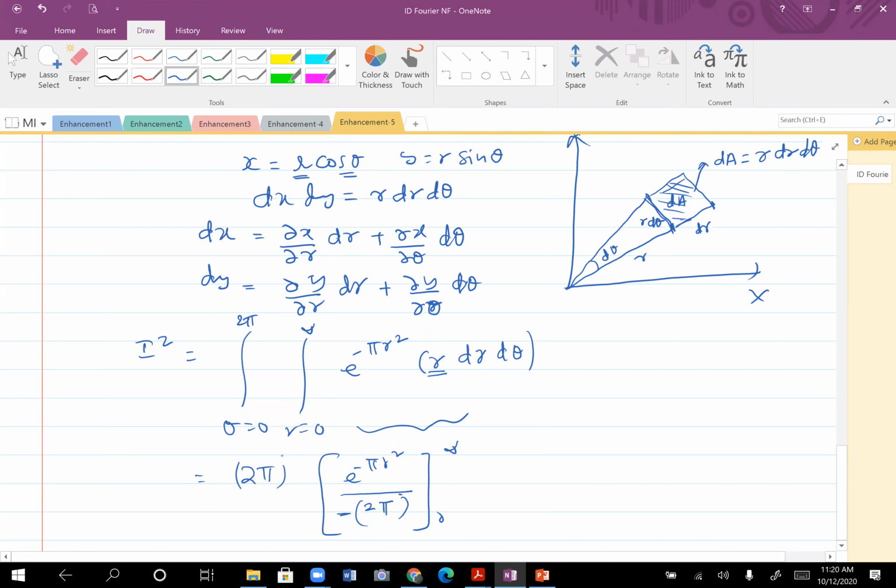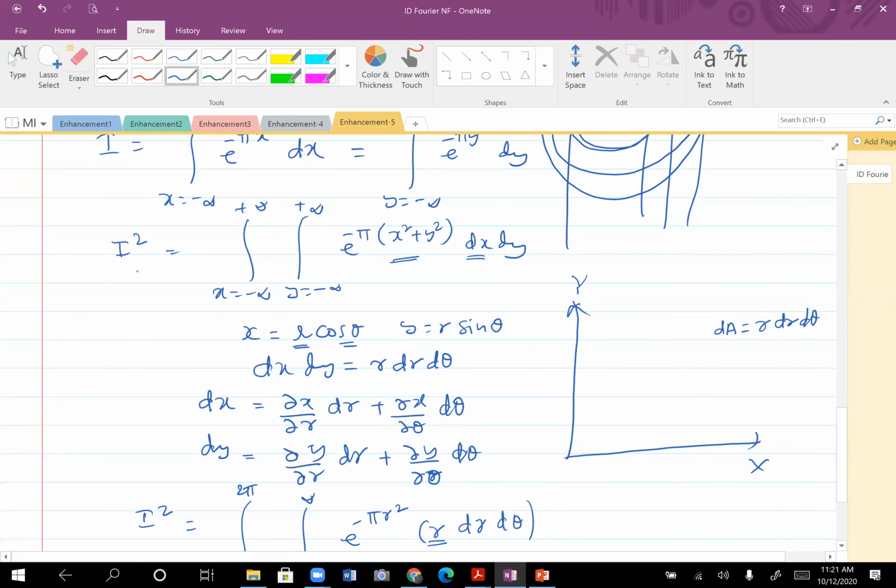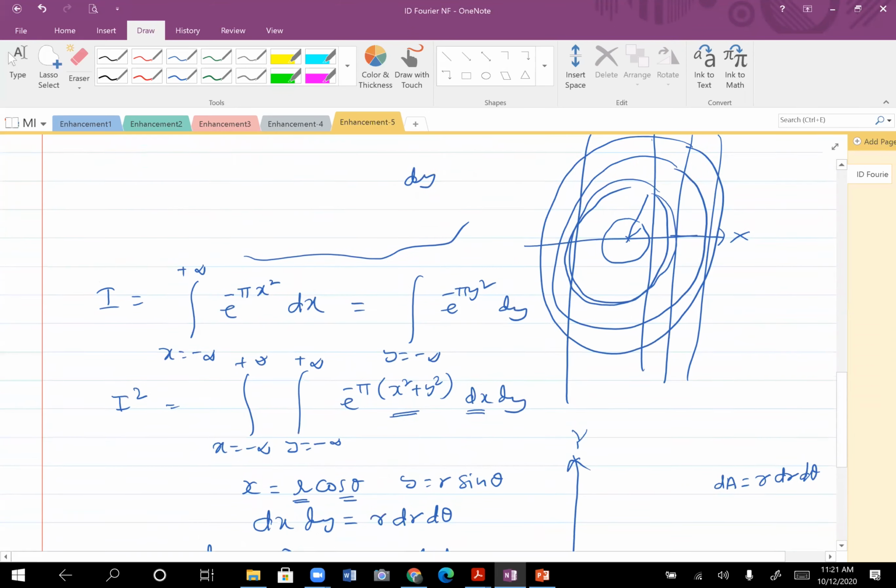So now what could happen? This and this would cancel. If you are applying infinity here, that's becoming 0 minus, and then at 0 this is 1. Anyway, outside there is 1, so this would be equal to 1. Now I square is 1, so I also has to be 1.